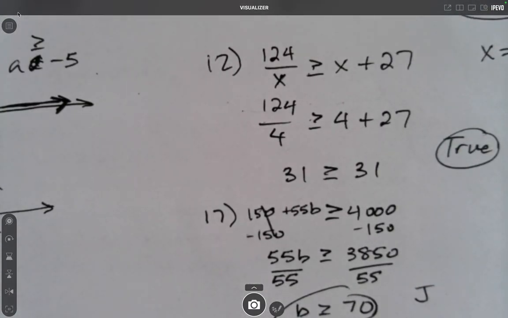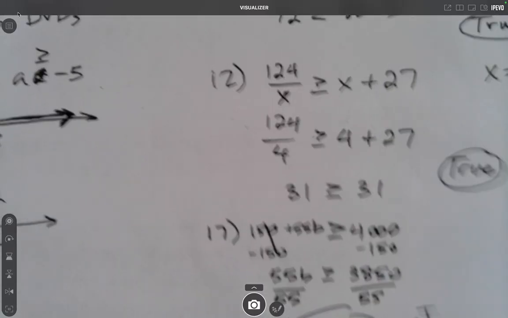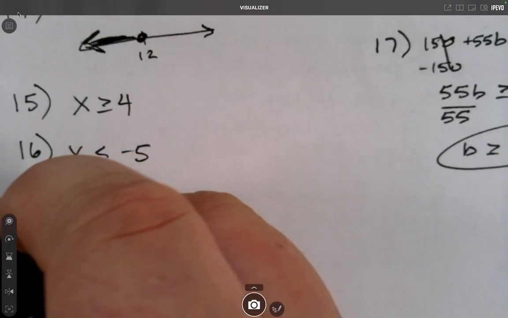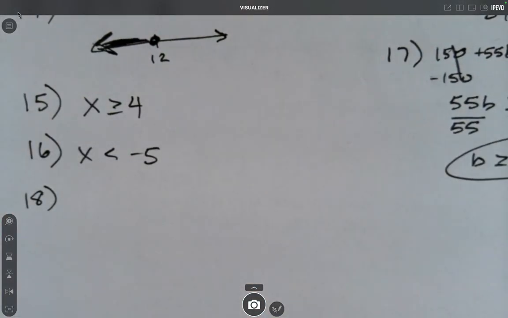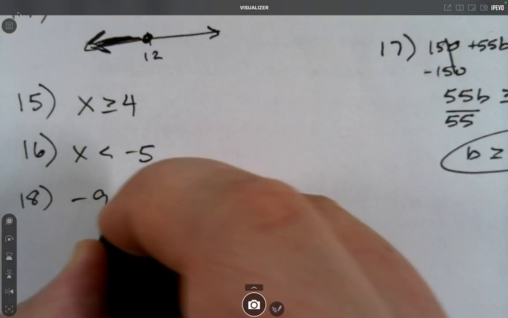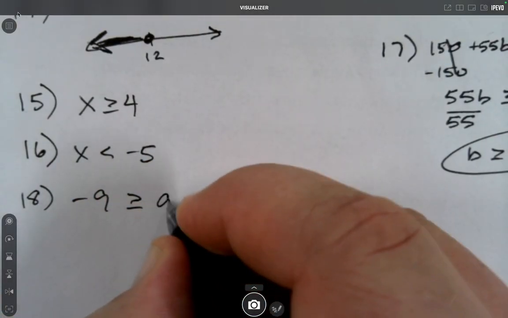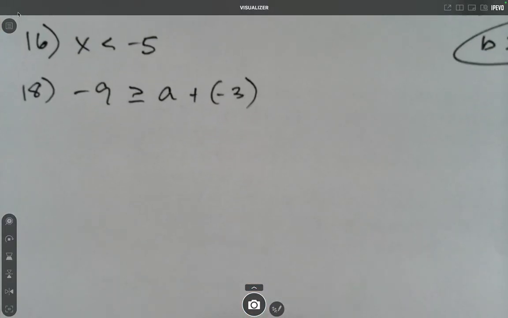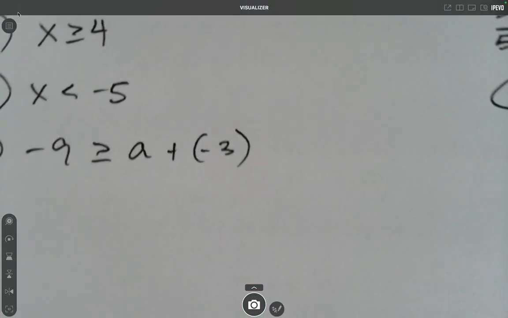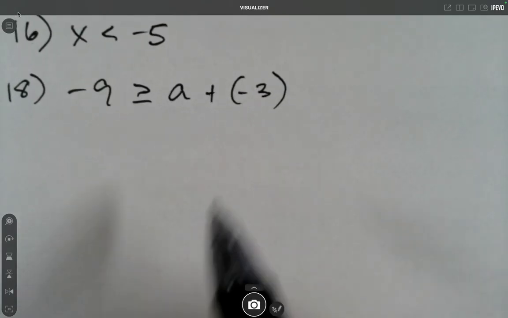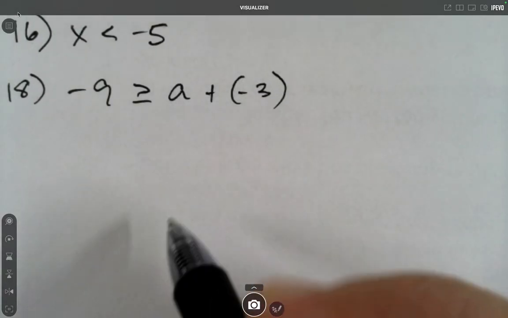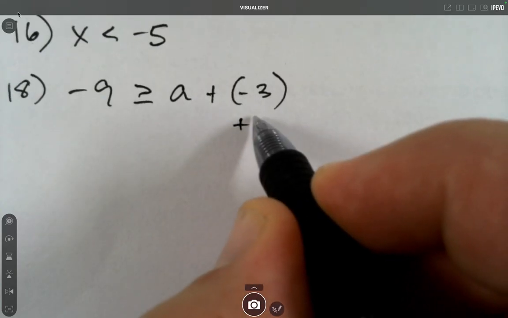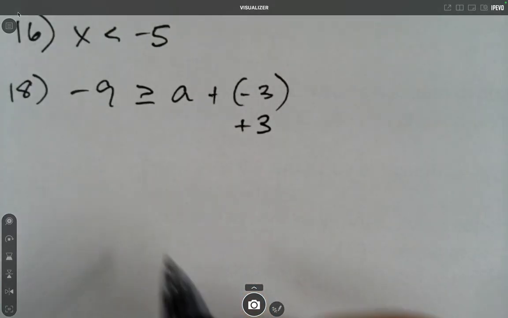And we'll close out the rest of them by solving some inequalities. 18: -9 is greater than or equal to A plus -3. So our goal is to get A by itself. Right now we have a -3 being tacked onto the A, so we want to do the opposite and add 3.